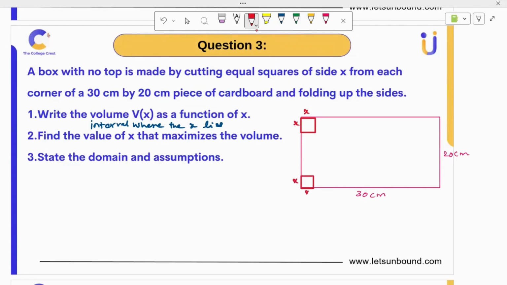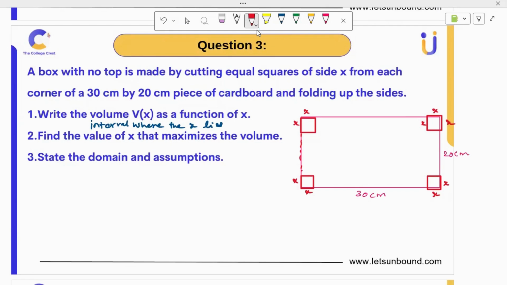Everywhere I'm doing the same. After cutting, let me make it a dotted line. If you fold these dotted lines, you will get a 3D shape, kind of a baking tray, correct? The 2D becomes 3D after cutting and folding.